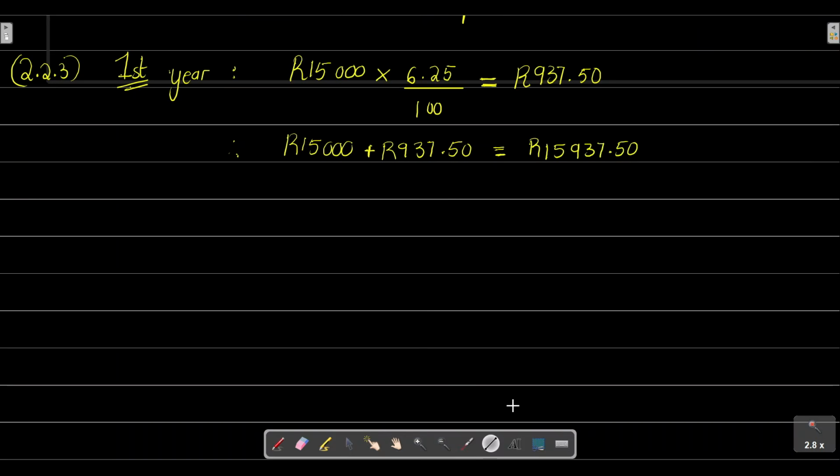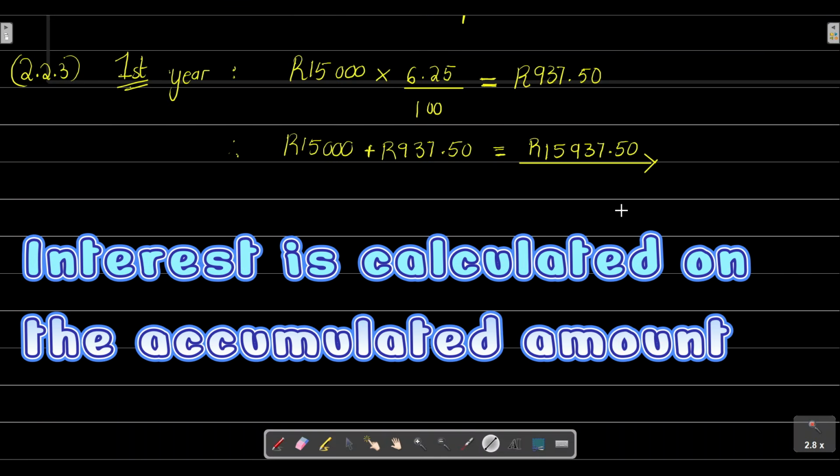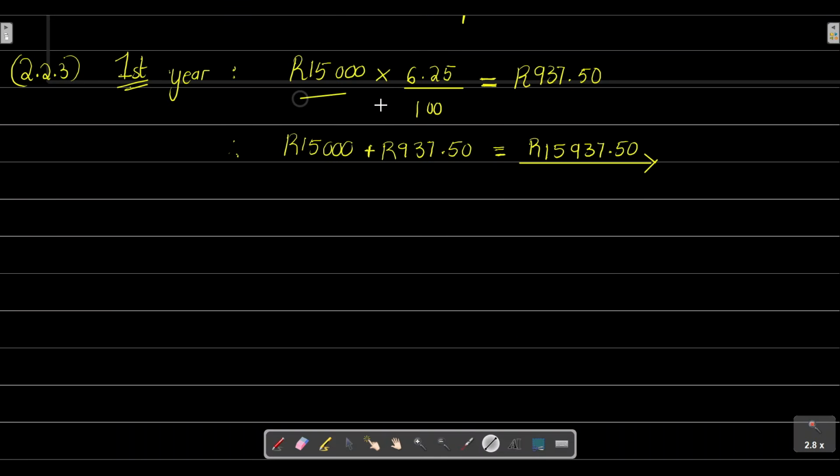So it's very important that we add this 937 rand and 50 cents to the initial amount, because remember, I said that when your interest is compounded, it means that your interest is charged on the accumulated amount and not on the initial amount.